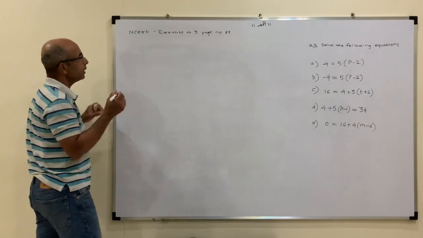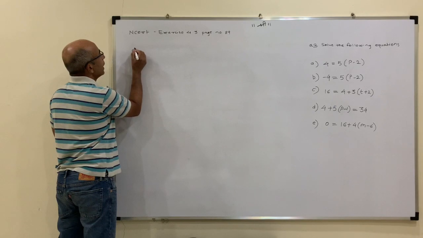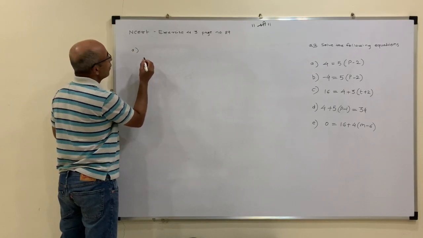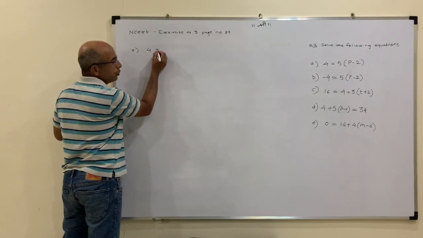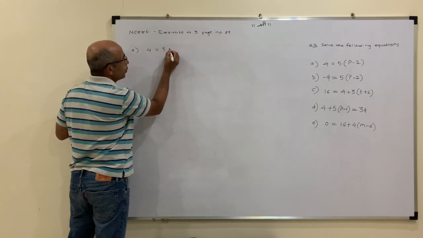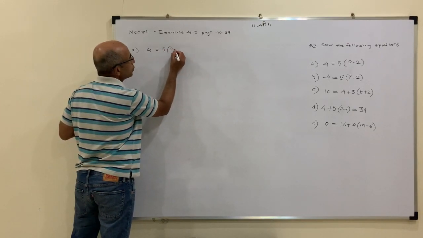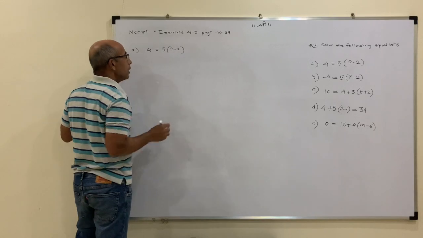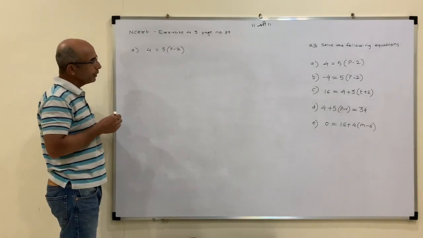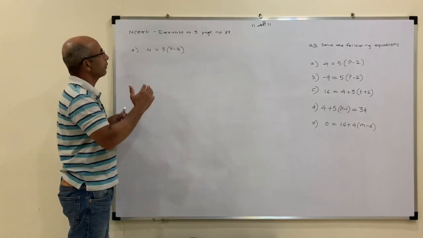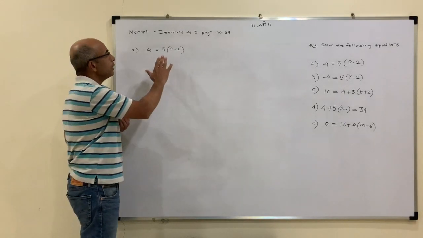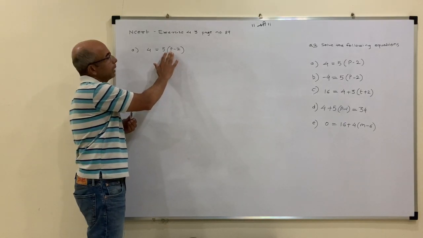Now let's understand A. So here 4 equals to 5 into P minus 2. Now first let's understand, when we say solve the equations, that means we need to find the value of a variable.